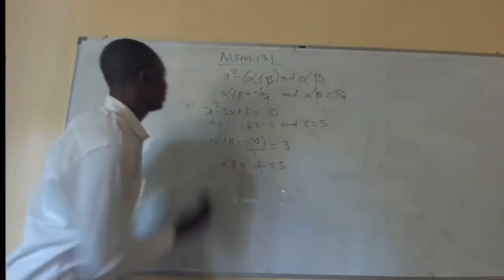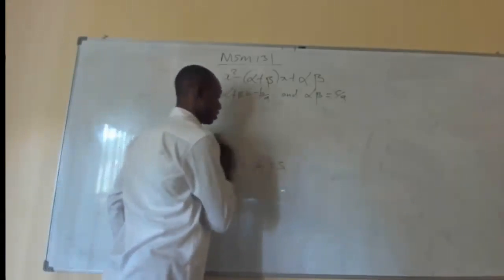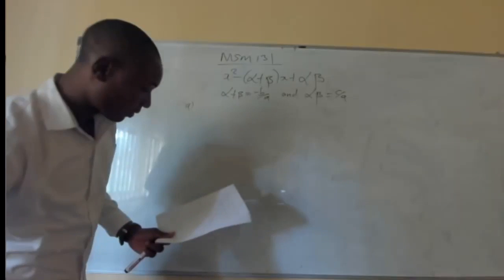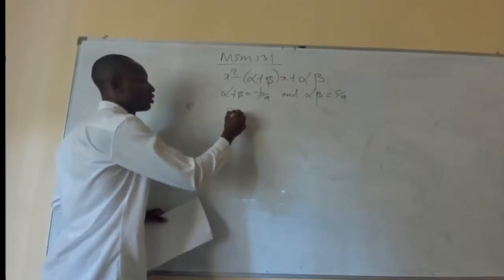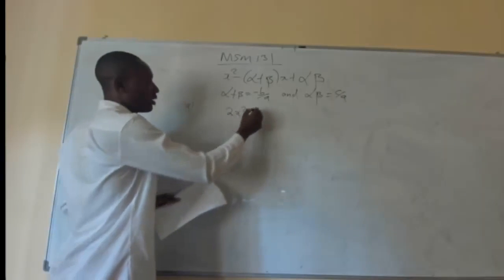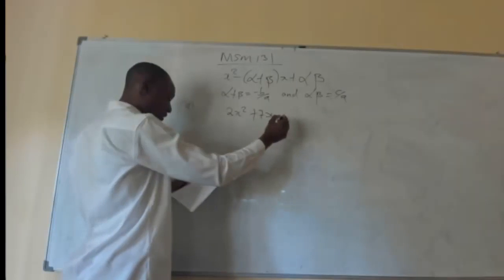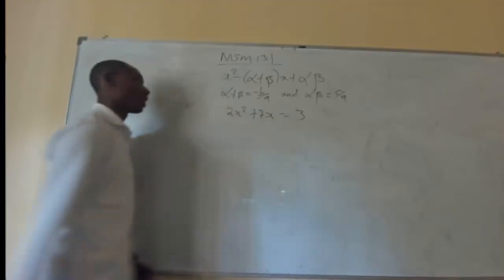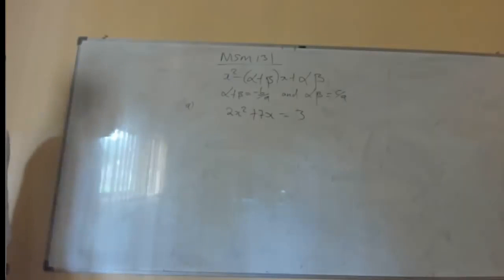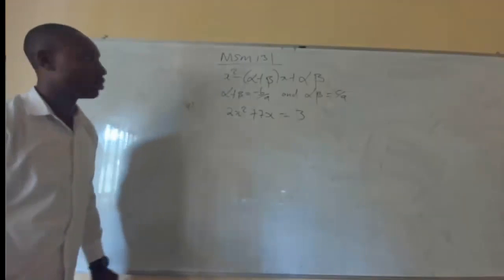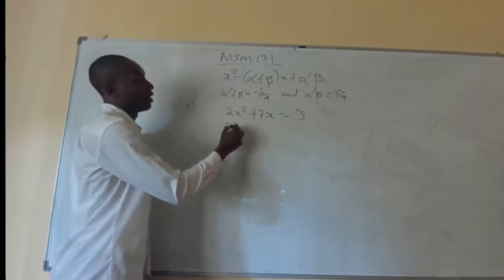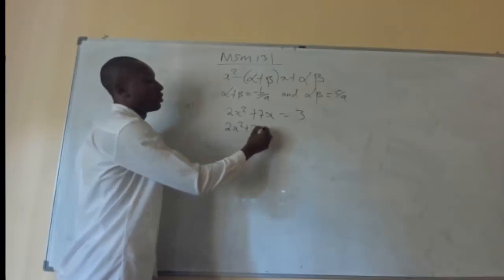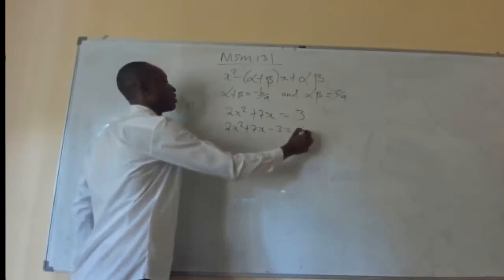Let's look at another one. The other one says 2x squared plus 7x is equal to 3, right? So before I can even write this question, I need to rearrange it into its standard form. So what's the standard form? We need everything to be on one side, so we have minus 3 is equal to 0.